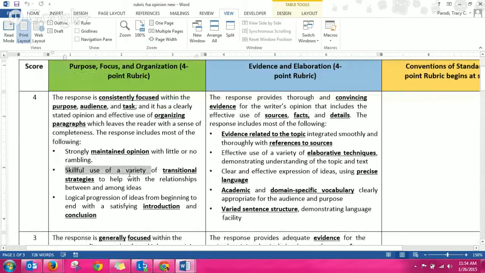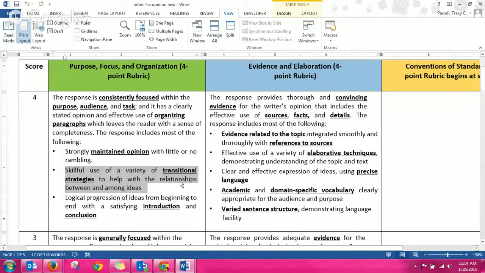Skillful use of a variety of transitional strategies, and we'll talk about how to do that later on in another video. Transitional strategies need to be varied, which means you can't just say, first this happened, next this happened, after that. That's a little bit too first grade for them. They want you to be a little bit more sophisticated in the words that you choose going from one paragraph to another.